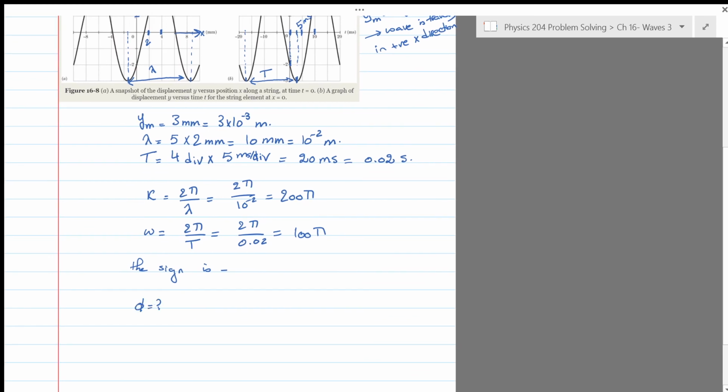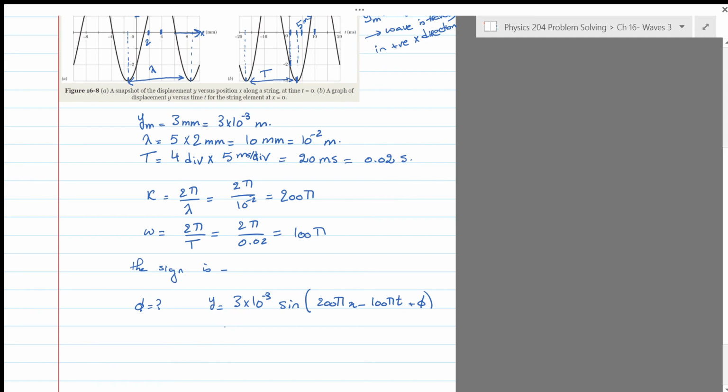Now to find phi, what we have to do is to find a specific value for the vertical displacement at a specific position and time, and then substitute to find phi. So far we found the equation of our wave to be y equals 3 times 10 power minus 3 sine 200 pi x minus 100 pi t plus phi.